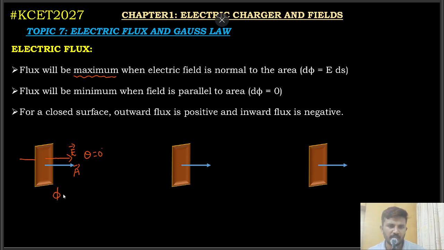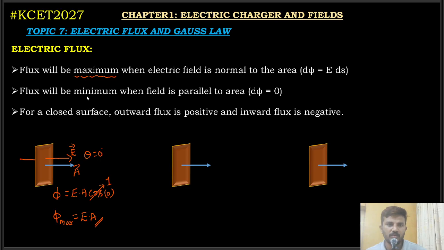Then flux phi is equal to E into A into cos 0. Since cos 0 is the maximum value, that is 1, flux will be maximum. So flux maximum is given by E into A. So cos theta will not be there.